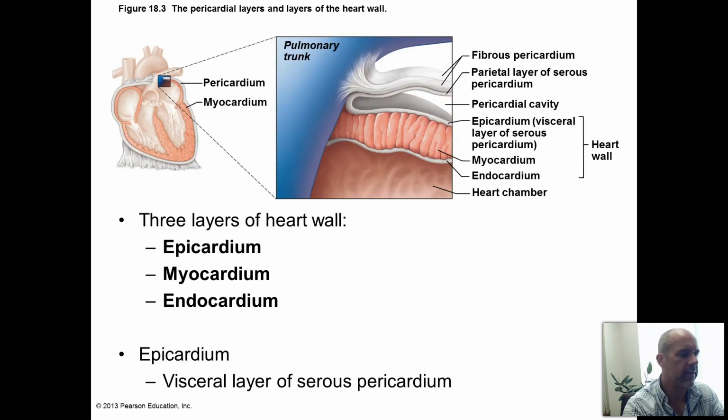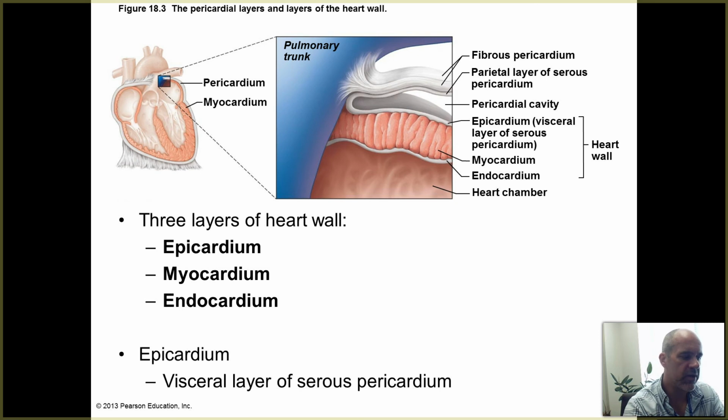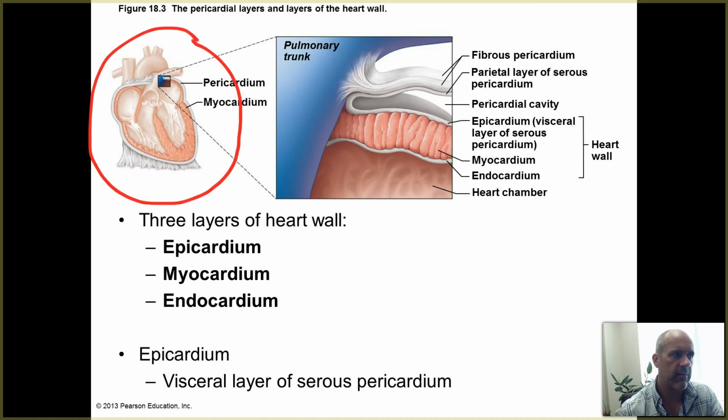Okay, here's a diagram which is blowing some of this up for you in a little bit more detail. But let me talk first about the heart wall itself. So if you cut open the heart, kind of a cross section like you see there, in here, these spaces are the insides of the chambers of the heart.